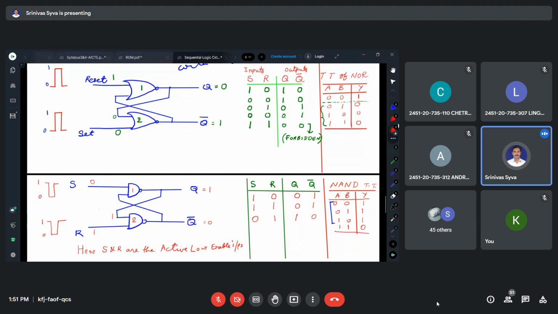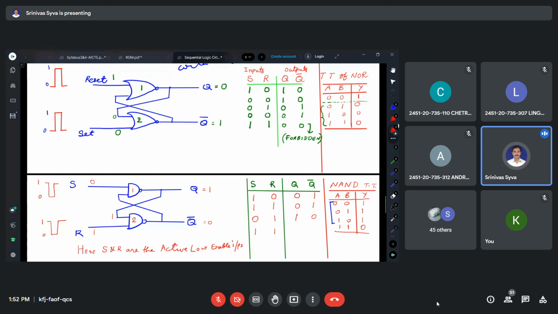Similarly, if both are made 1, these two inputs are disabled. They are not active high enable inputs. So when logic 1 is given for these S and R inputs, they do not perform their intended operations. What are the intended operations of S and R? For S, the intended operation is to set the output to logic 1.